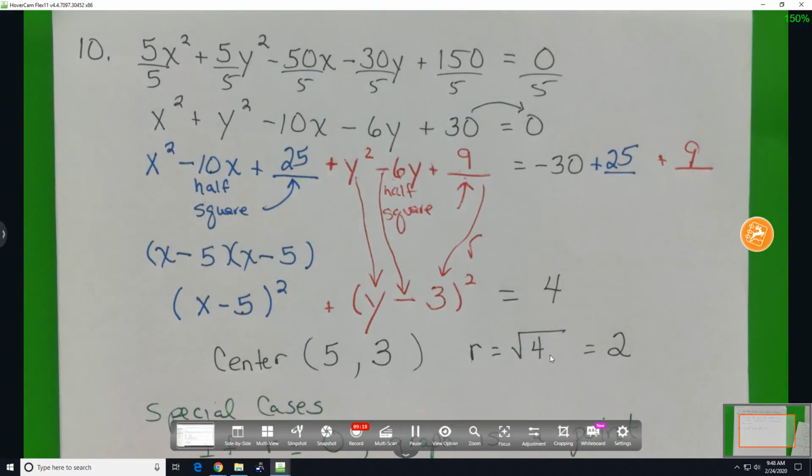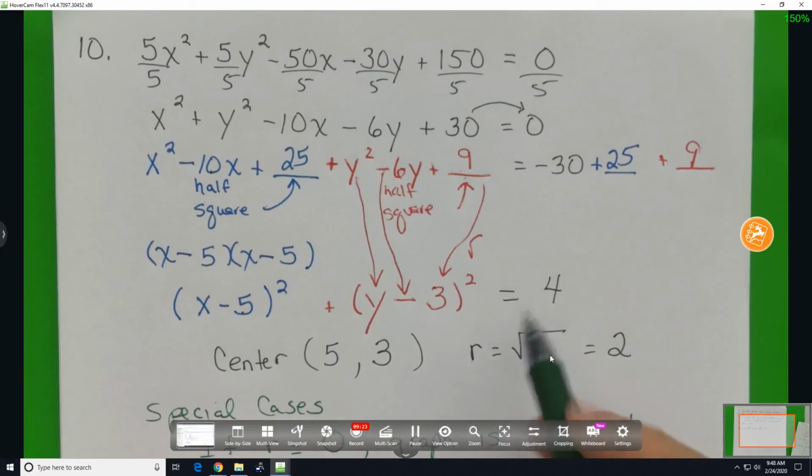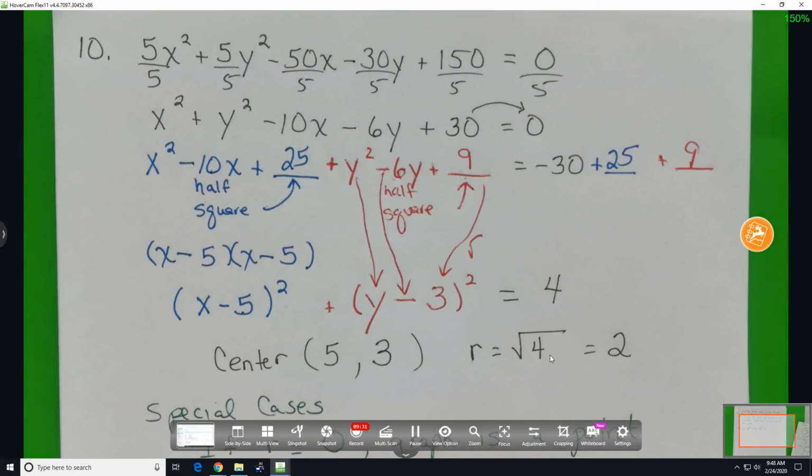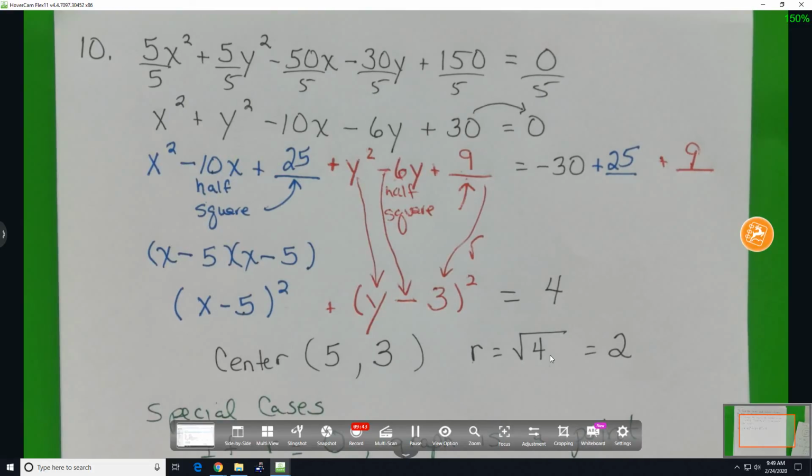And here's another tricky special case. Suppose this number on the right had turned out to be negative 4. If this had been a negative 4, the square root of a negative number is an imaginary number. If that happens, no graph exists, not even a point. Just no graph at all. Okay.